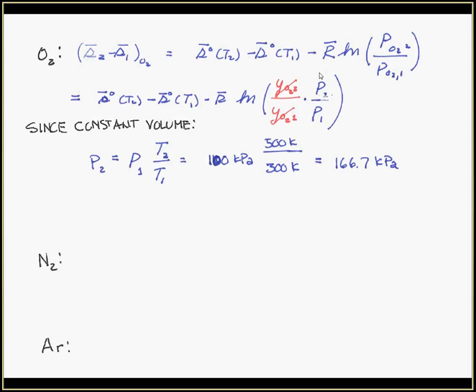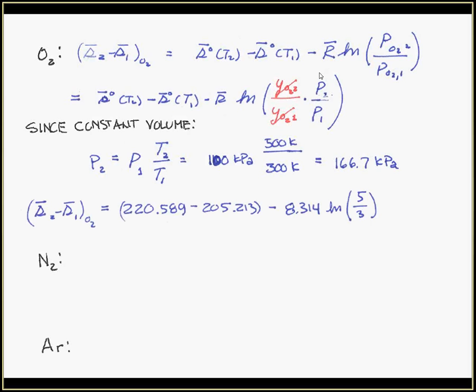Okay, so you can calculate P2 if you'd like. In this problem, I opted just to plug in P2 over P1 as the ratio 5/3 right here. In any case, there's my change in specific entropy on a molar basis for O2, 11.13 kilojoules per kilomole Kelvin.